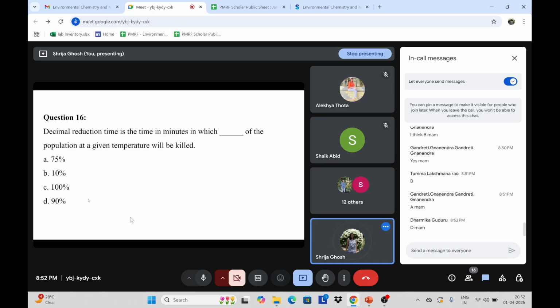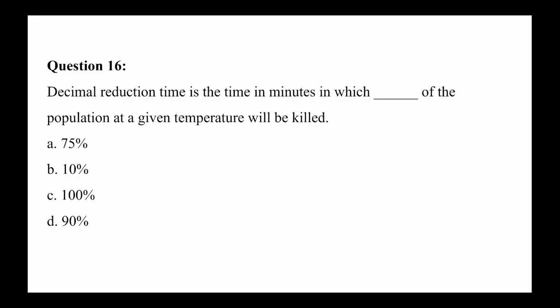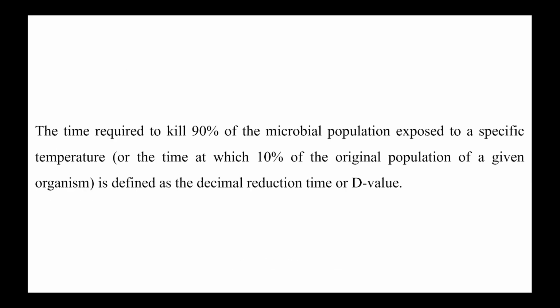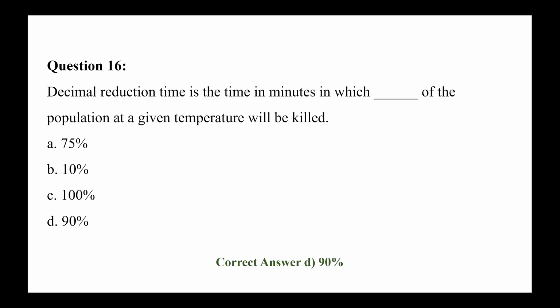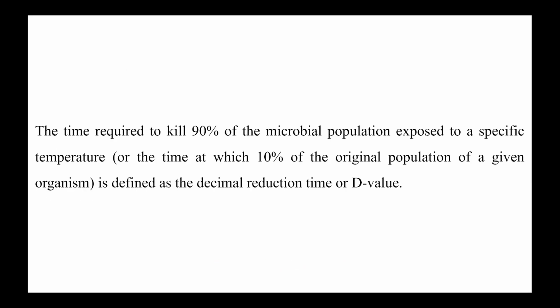So the correct answer is option D, 90%. So decimal reduction time is basically the time required to kill 90% of the microbial population exposed to specific temperature, or the time at which 10% of the original population of a given organism is remaining.